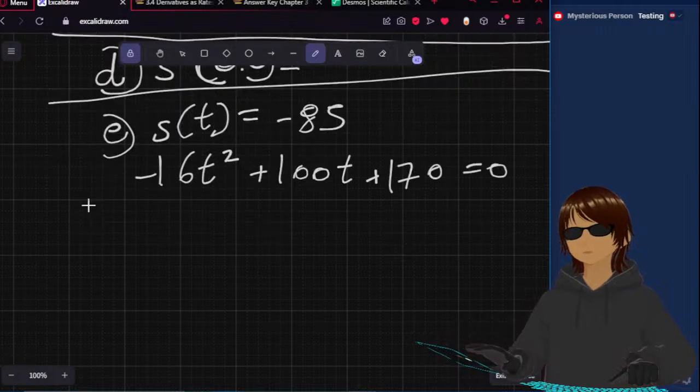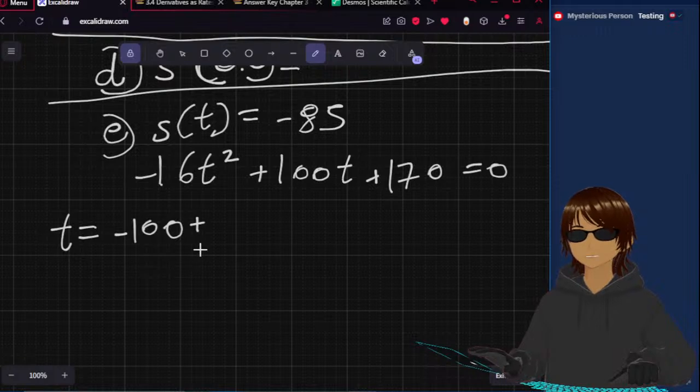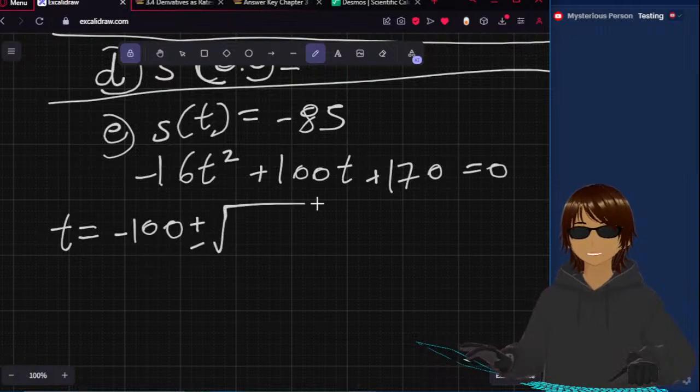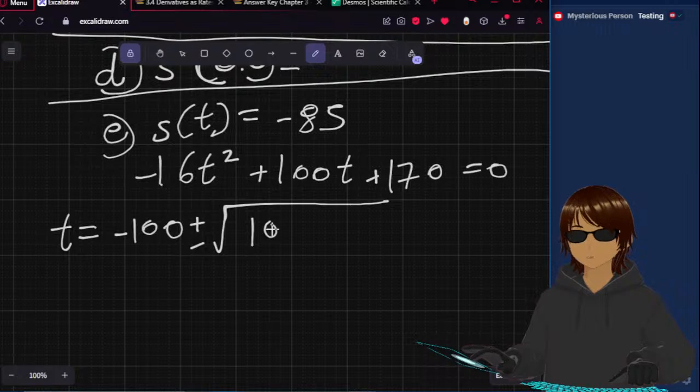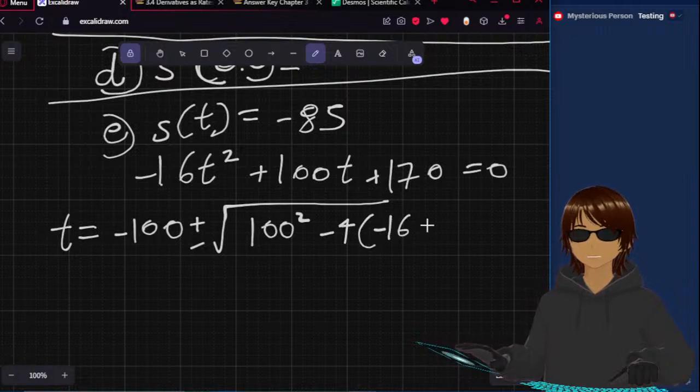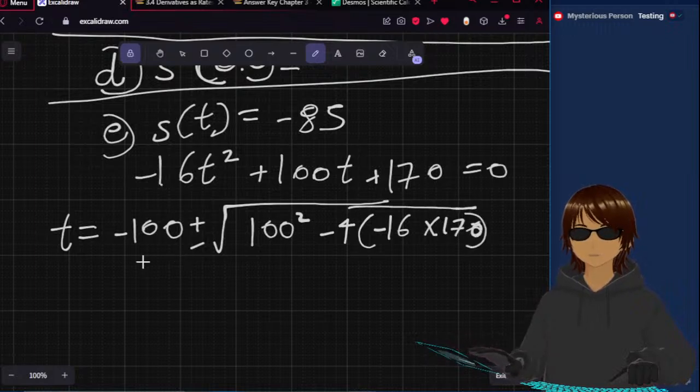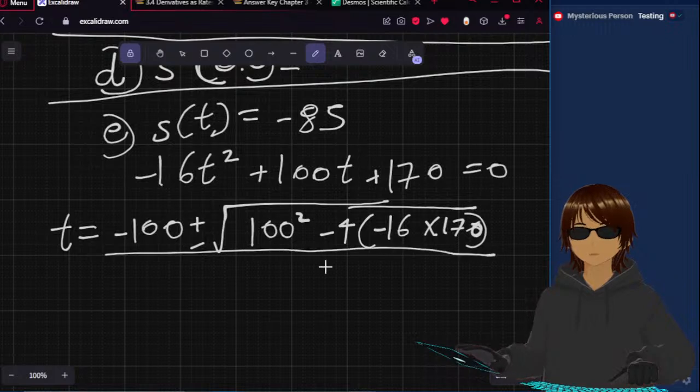Now t is equal to minus b plus minus b squared minus 4 times a times c upon bottom.